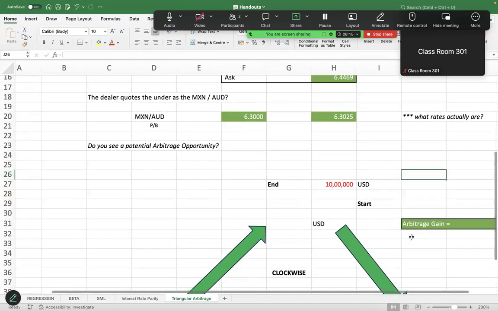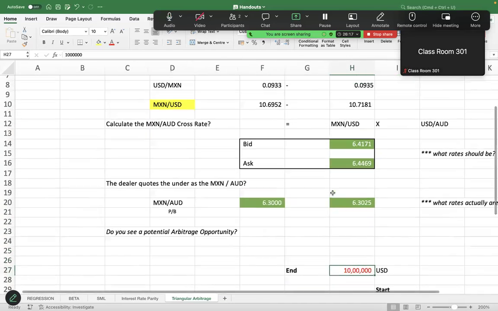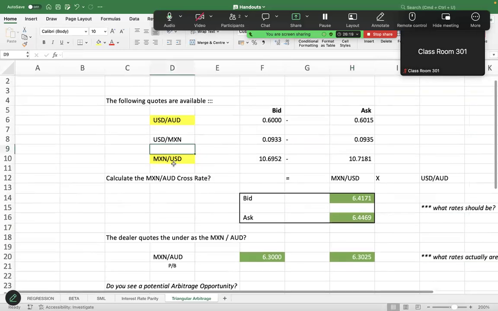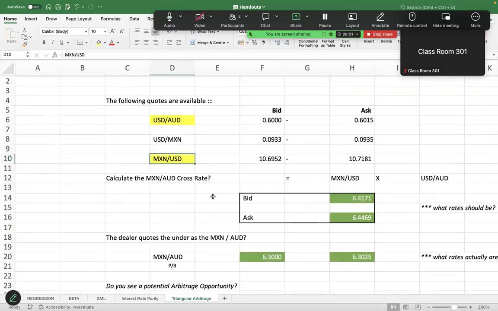ये देखिए यहाँ पे. This is 10 lakh dollars. You have to look at the USD MXN rate. ये MXN USD rate जैसा भी आप समझो. USD क्या है? This rate.